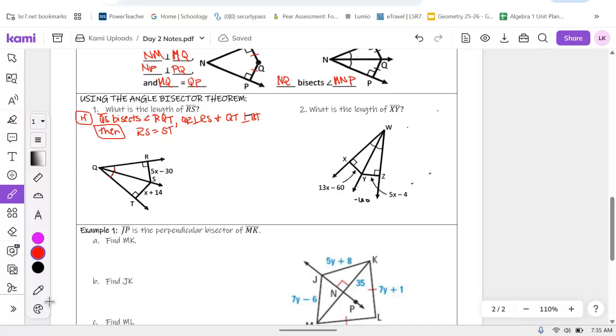This is our bisectors are congruent angles, and then this here is perpendicular. So now, by that we know that these are equal to each other.